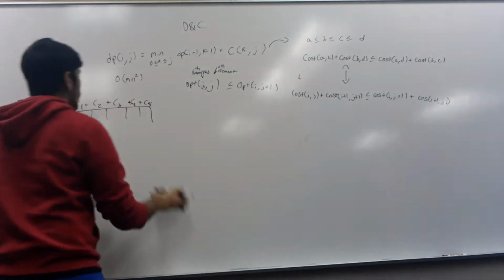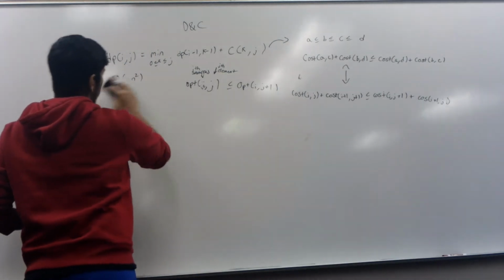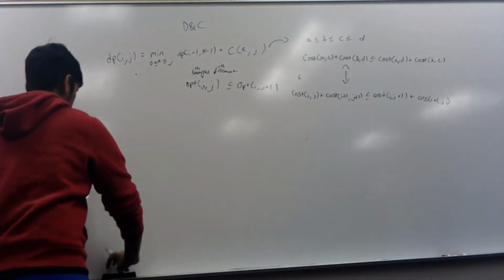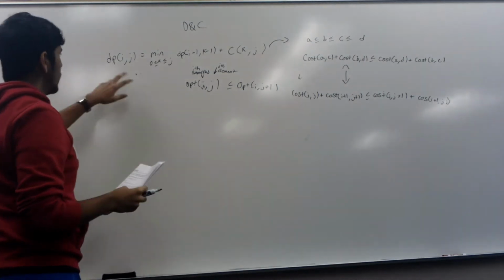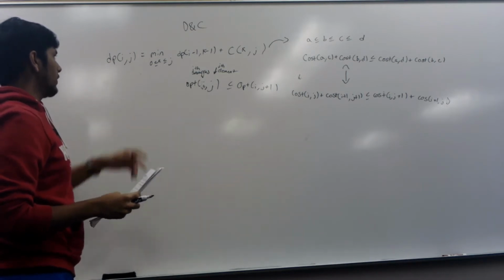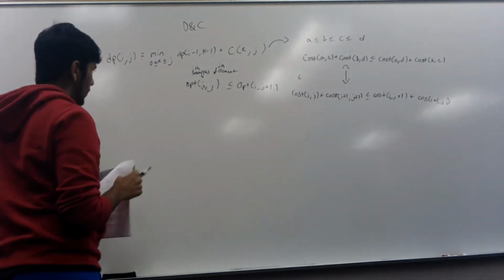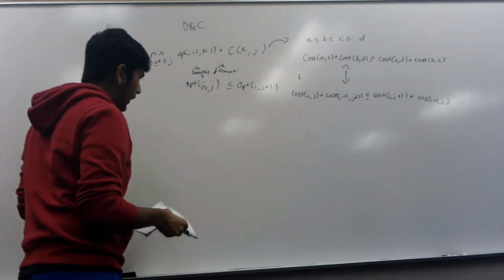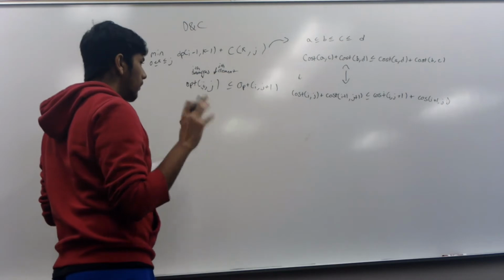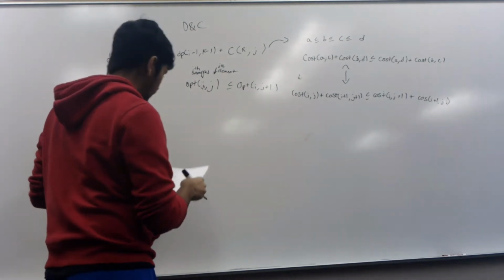So for the actual algorithm for doing the divide and conquer, you could naively do it, but that takes O of m times n squared time. That's obviously too slow. But if we know we have this monotonic transition thing, we can do a kind of binary divide and conquer.